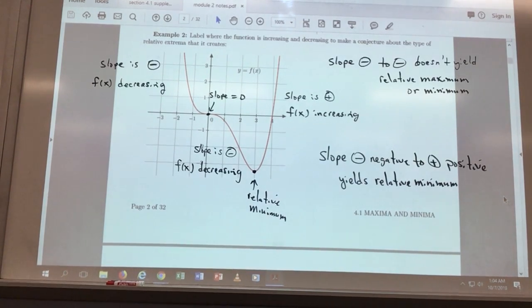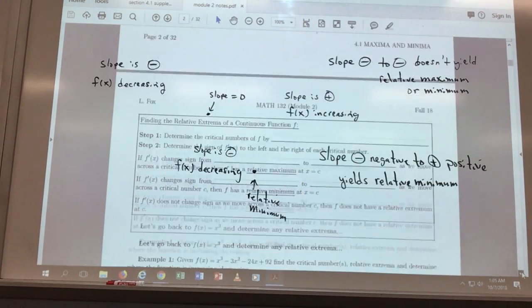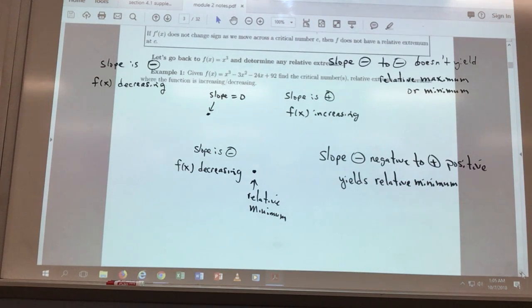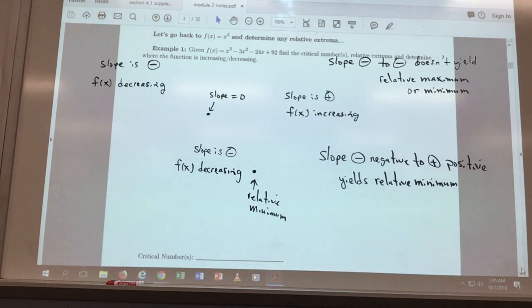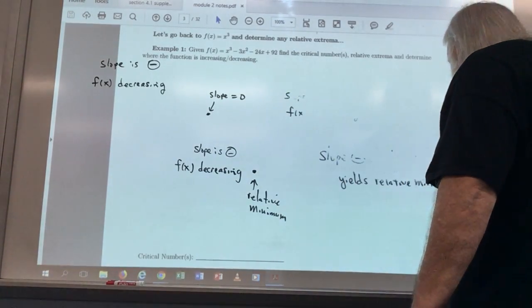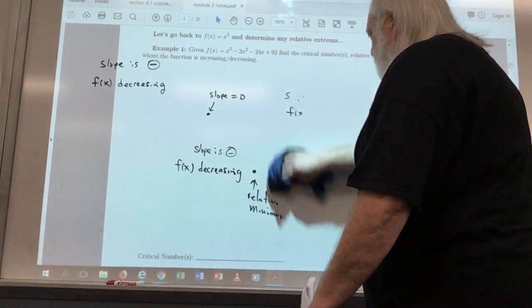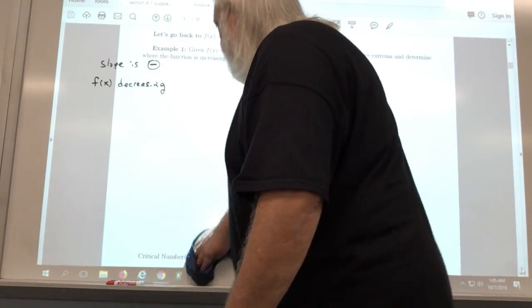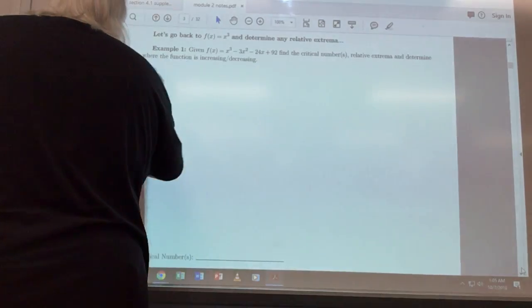And so that's what we'll do on the next page. For the functions that follow, we're going to determine where the relative maximums and relative minimums are, where the function's increasing and where it's decreasing.